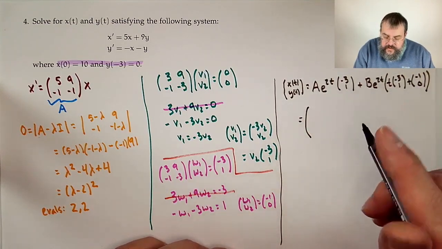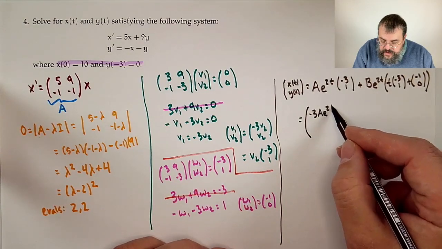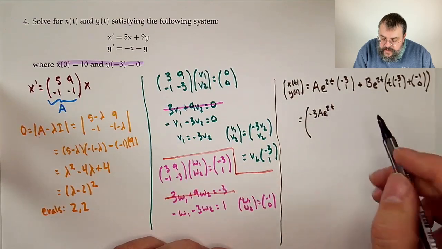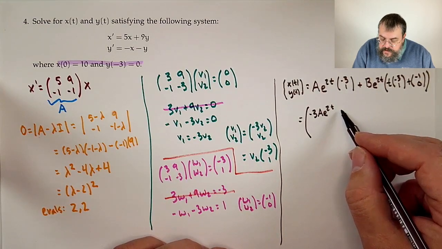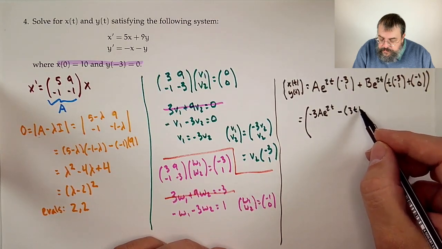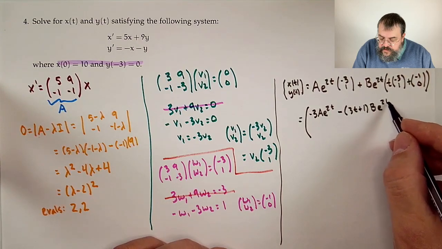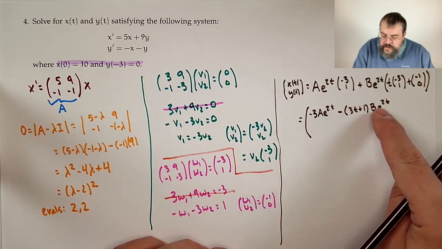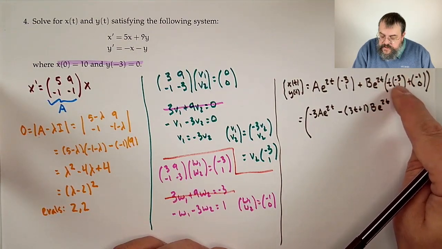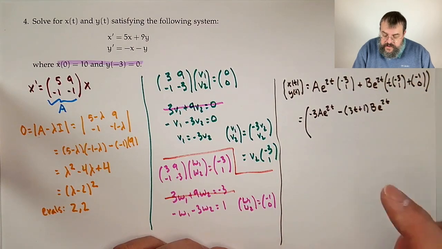So I'm just going to put everything into top entry, bottom entry. So we get minus 3a e to the 2t, and then here we will get minus 3t plus 1 times b e to the 2t. So you have the b e to the 2t, and you have minus 3t minus 1, so that's where the minus is coming from. That's the top part.